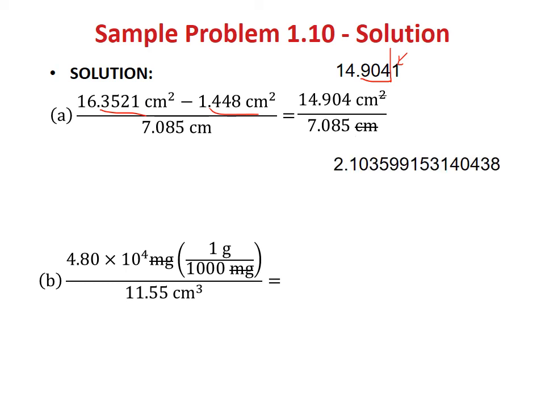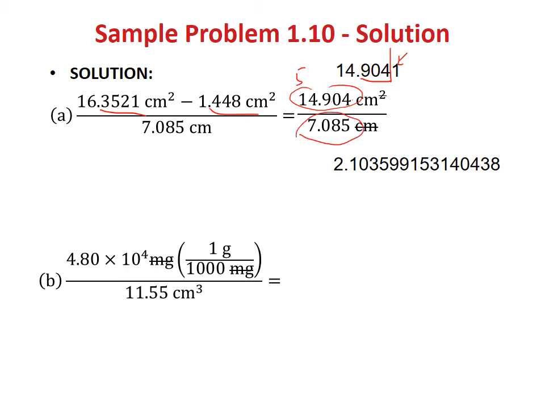Okay, and now use the calculator. The answer from the calculator is this number, but we need to decide the significant figures or the decimals. So the rule for multiplication and division is we look at the fewest significant figures. So the first number has 1, 2, 3, 4, 5 significant figures.